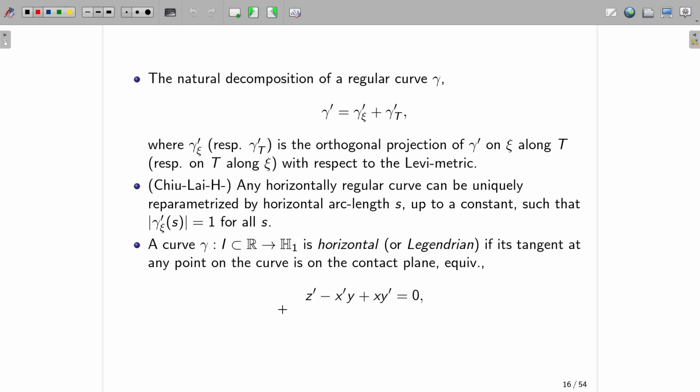A curve is horizontal if its tangent at any point is on the contact plane. So if you really calculate, you have the result like this.